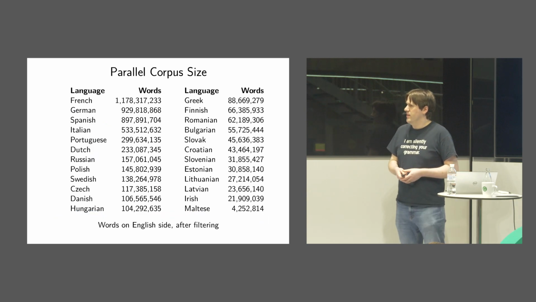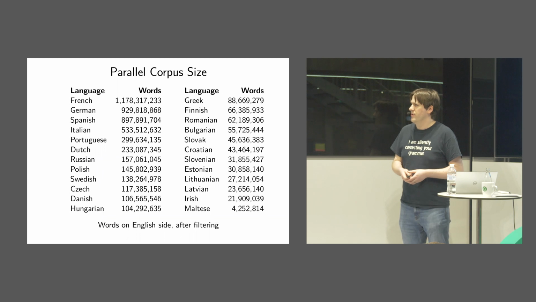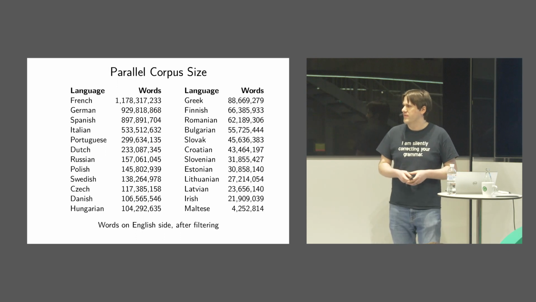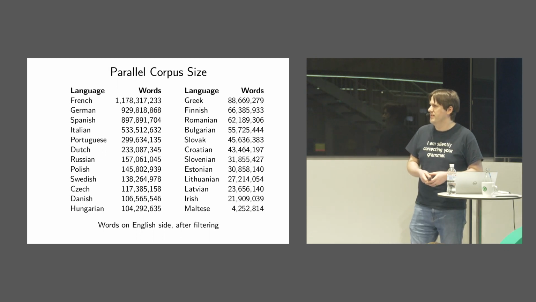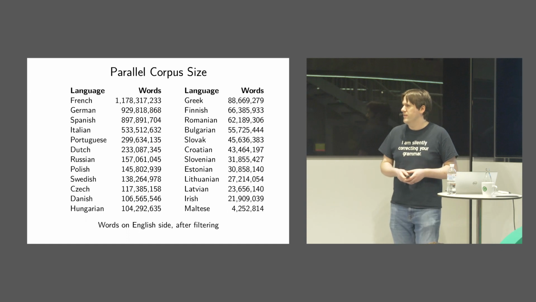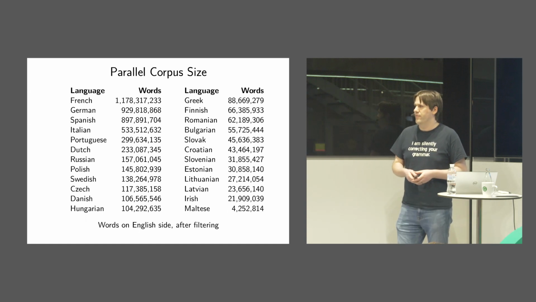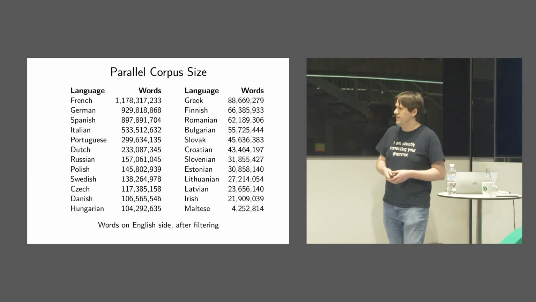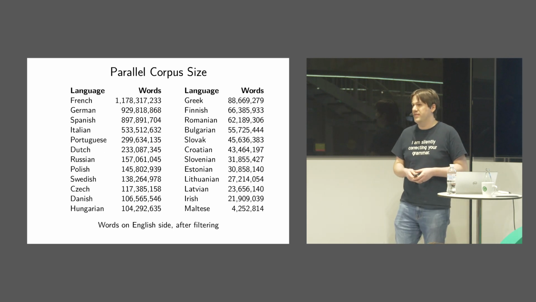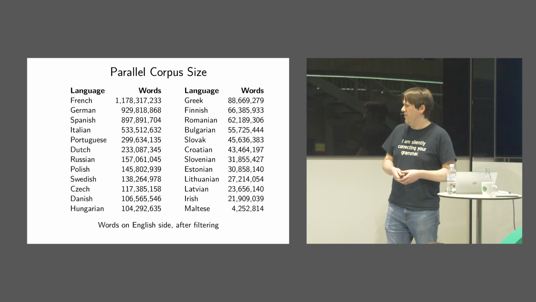So here's the size of the parallel corpora that we've produced for various languages, all measured in terms of English words. That really seems to be the only way to measure consistently. And you can see the usual suspects of French, German, Spanish, Italian are very high resource languages. There's a lot of translated text for them. And then Maltese, despite speaking English and Maltese there, they don't seem to have much data.